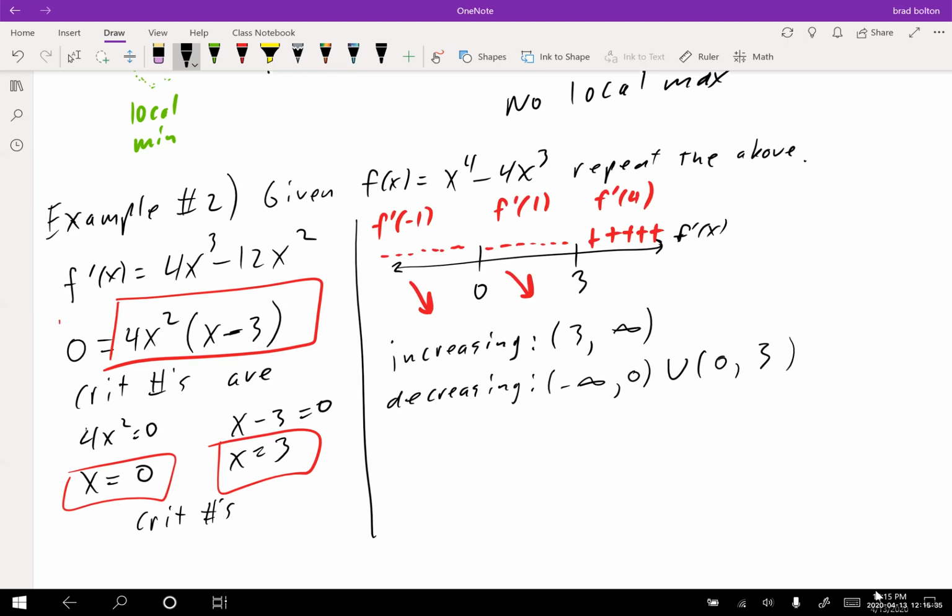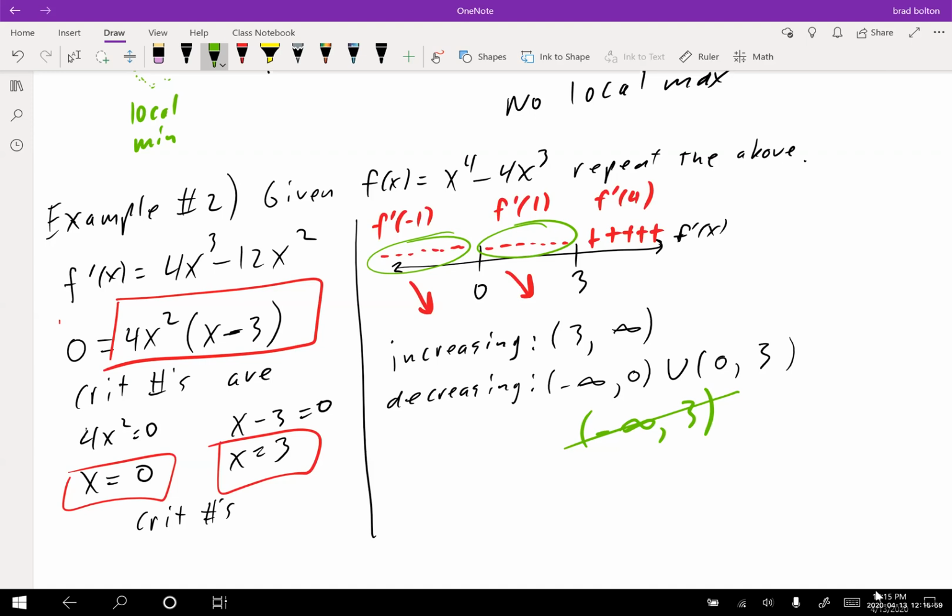Now, some of you might say, why not just say from negative infinity to 3, because this is negative and this is negative? Well, that would be marked wrong, because at 0, what happens to this graph? When you plug 0 into this derivative, you get 0, correct?